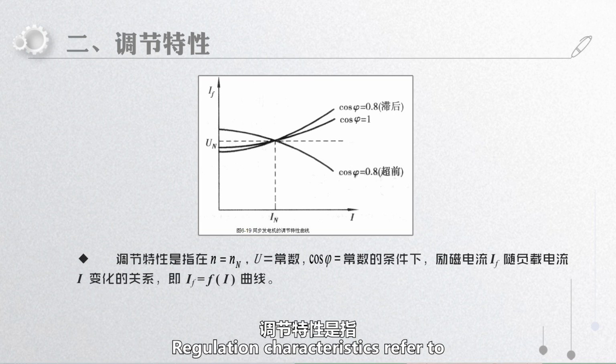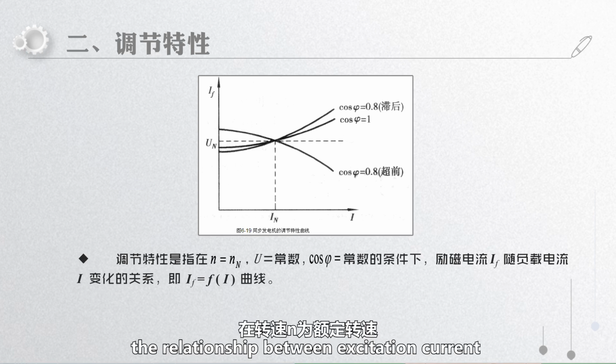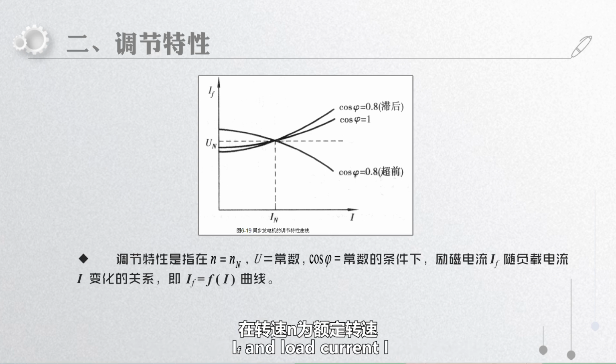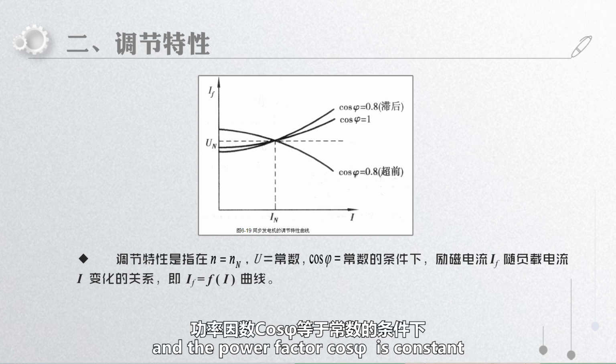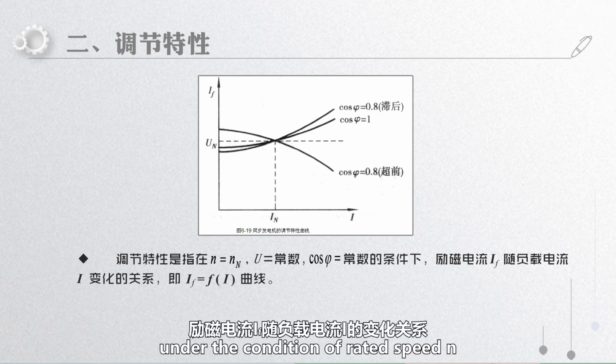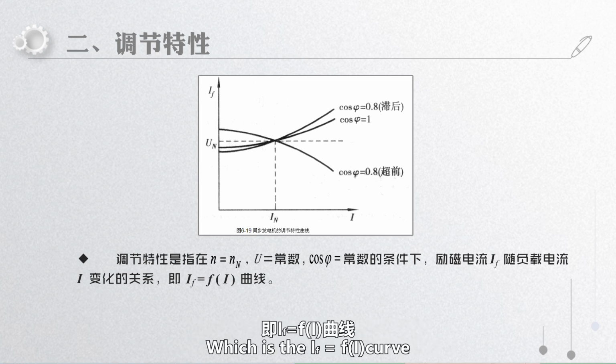Regulation characteristics refer to the relationship between excitation current IF and load current I when the voltage U is constant and the power factor cosine phi is constant under the condition of rated speed n, which is the IF equals F of I curve.